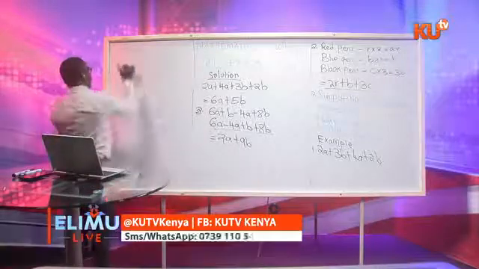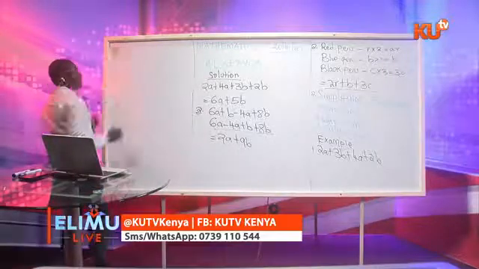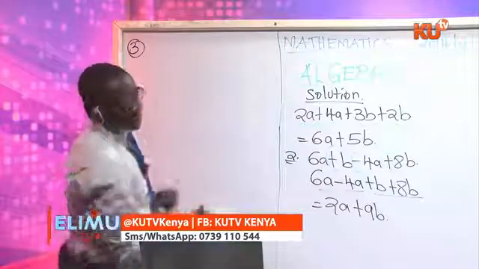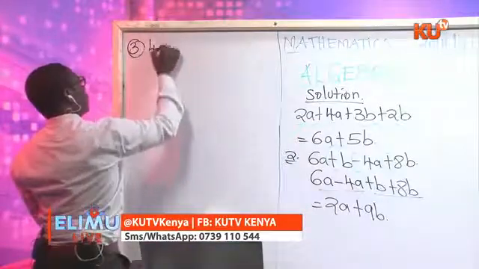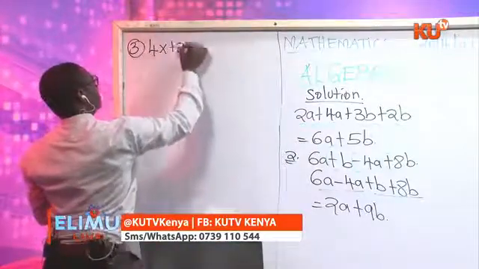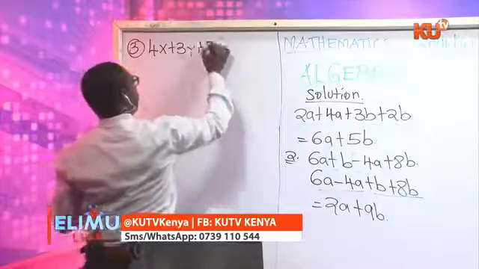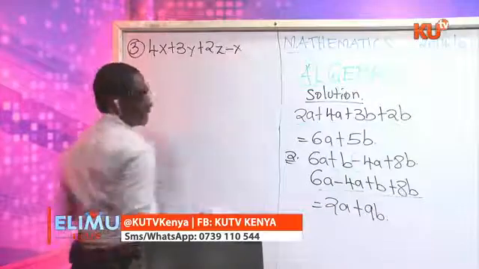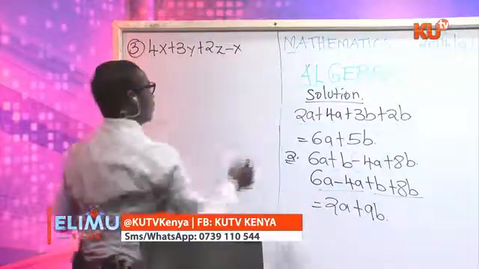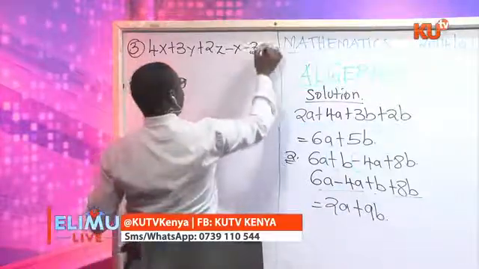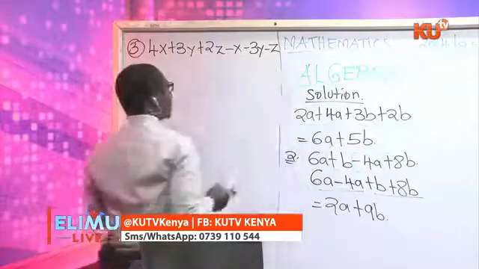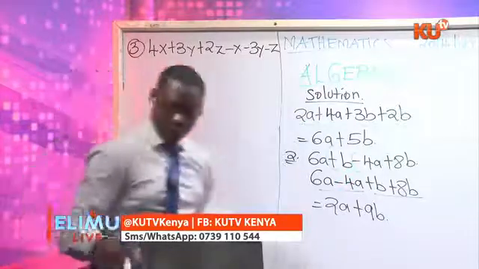So our example number 3, we are at example number 3. We have 4x plus 3y plus 2z minus x minus 3y minus z.